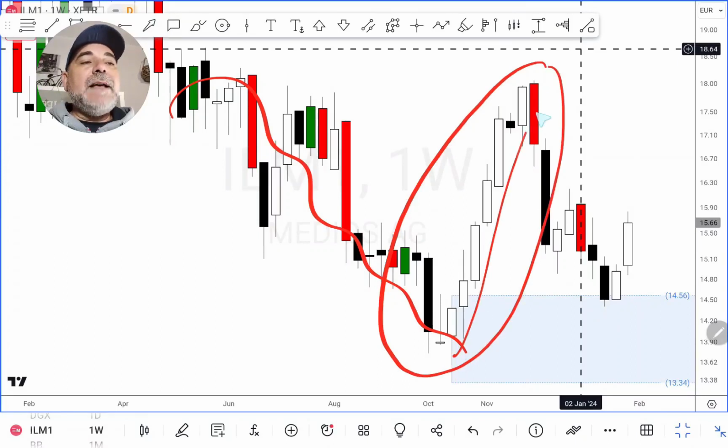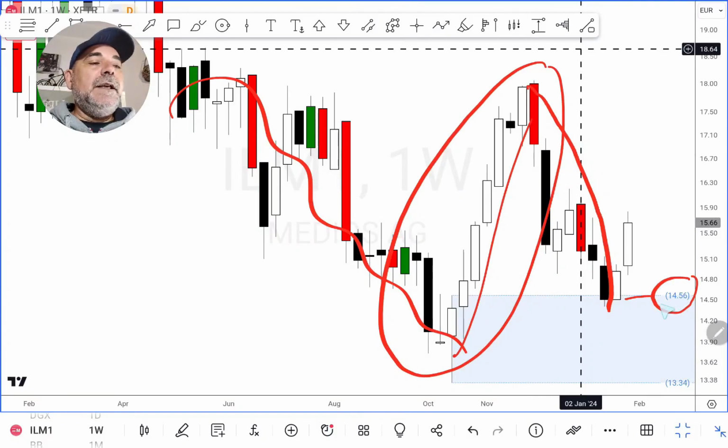So when this happens, what you should do is wait for the origin of that move. And as you can see here, we've got this blue rectangle, which is a demand level, an imbalance. It was reached like 2 weeks ago, 3 weeks ago, in the middle of January 2024, and it is trading at almost 14 euros 55 cents. And look what happens.